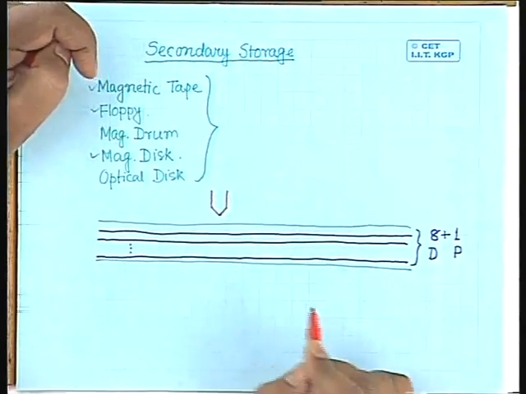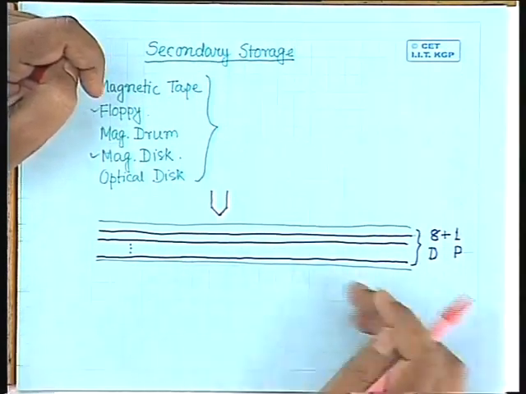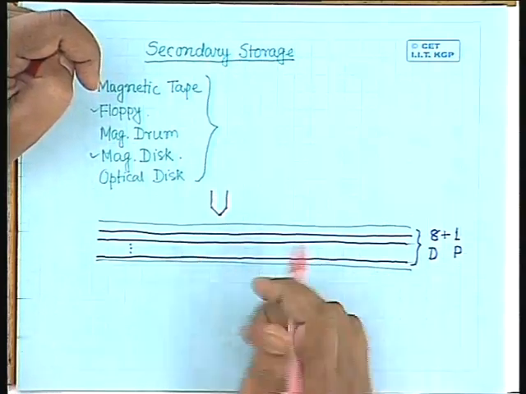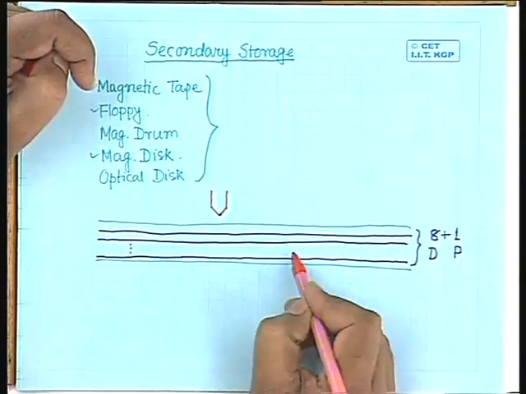For reading or writing on this magnetic tape, the driving mechanism will pass the tape over this read-write head. When the tape moves over the head, either the data can be written onto these different tracks, or the data can be read from these tracks.